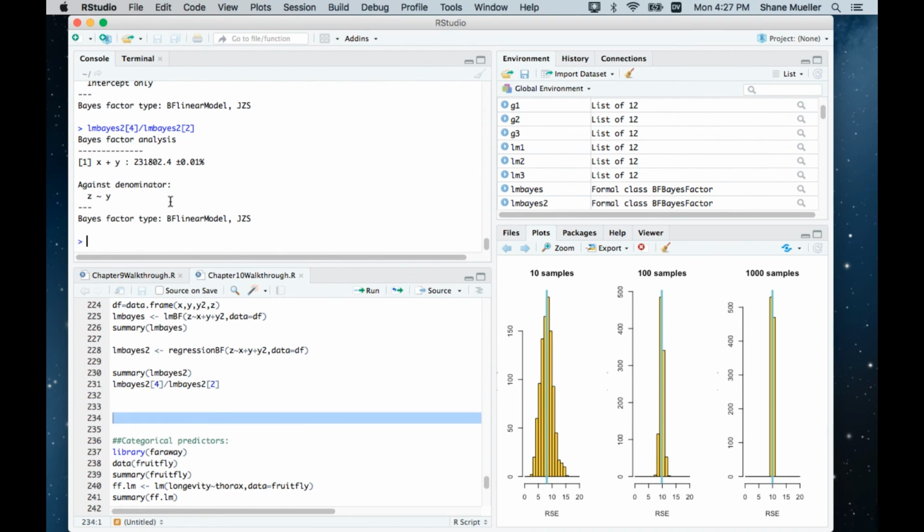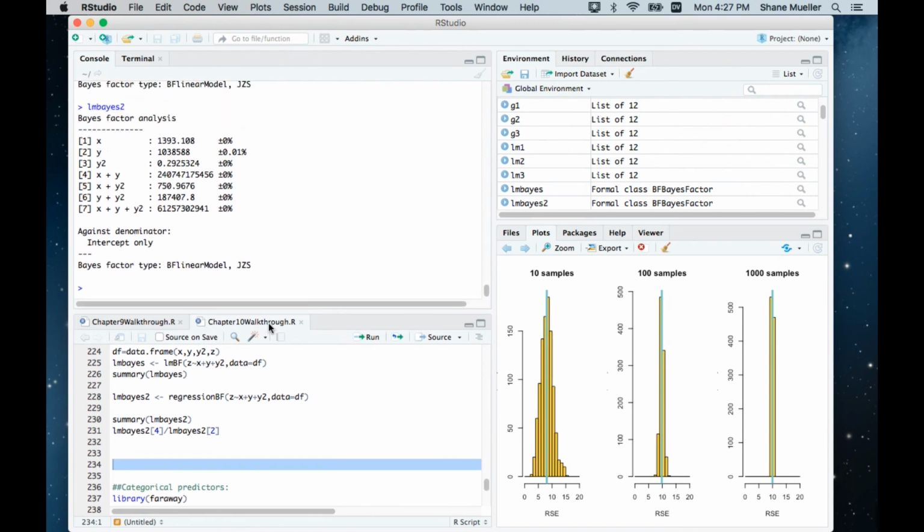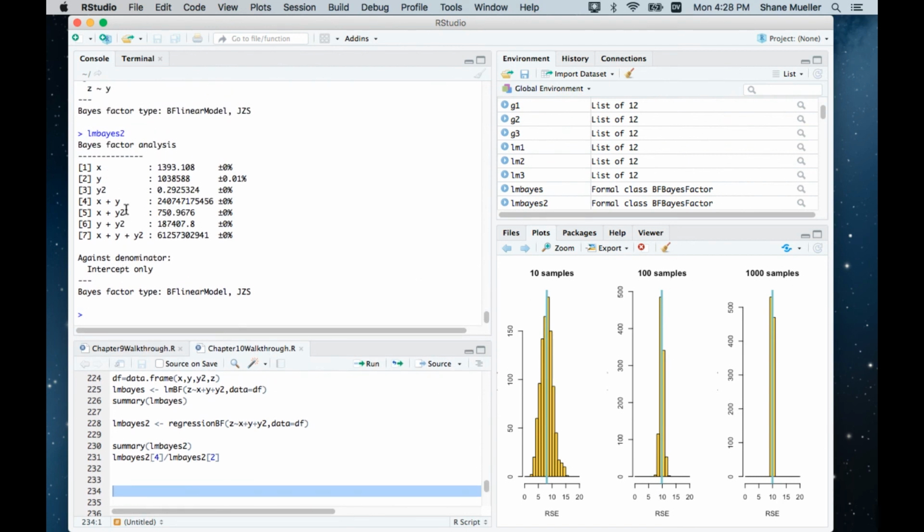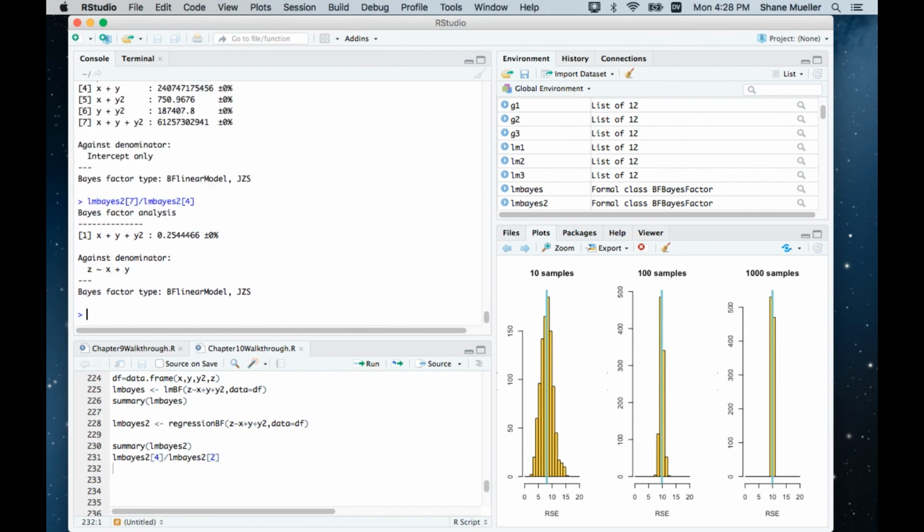So if we look at LM Bayes 2, again, I can take any one of these and form the ratio with any of the others to see if it matters. So for example, 7 divided by 4, what about that one? LM Bayes 2, 7 divided by LM Bayes 2, 4.